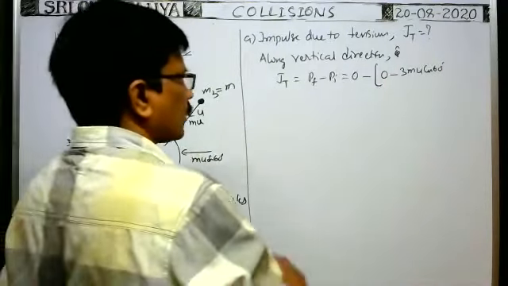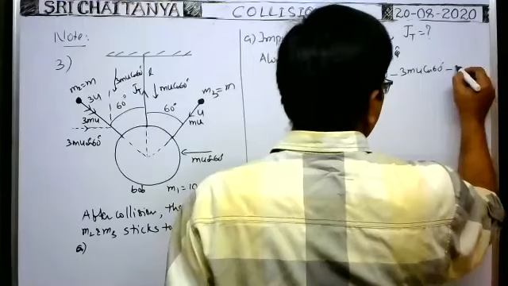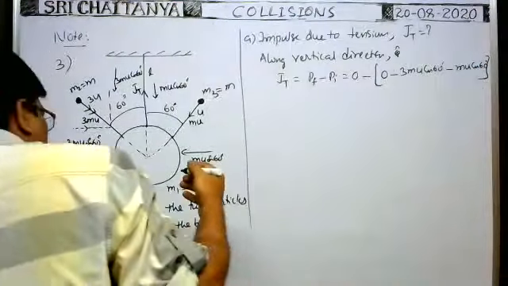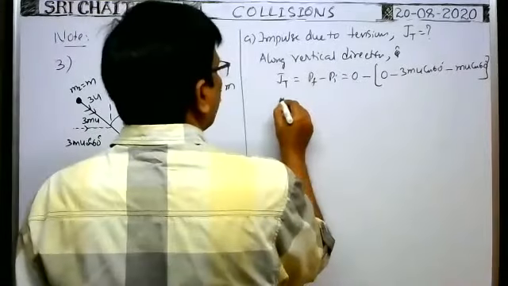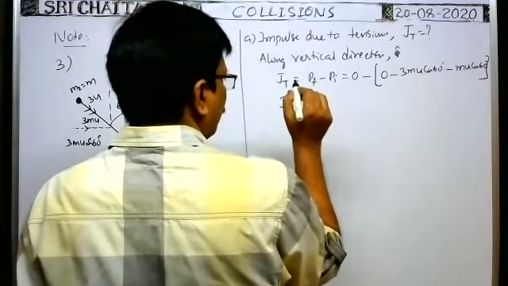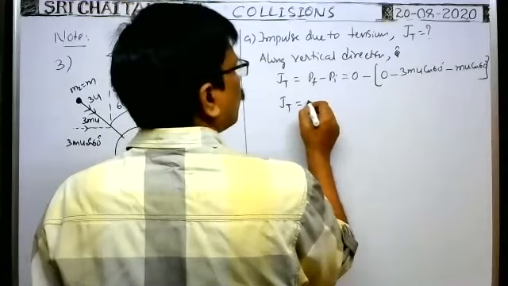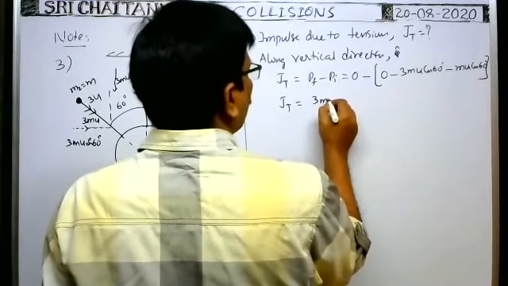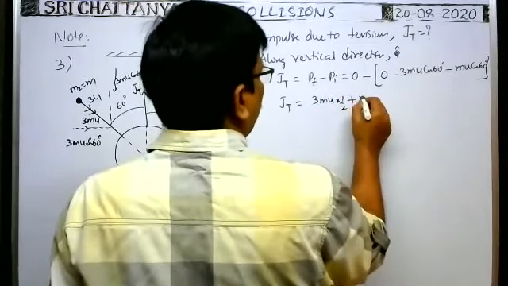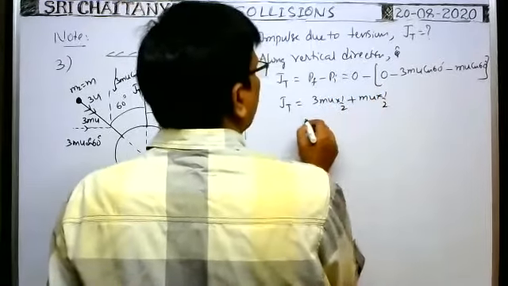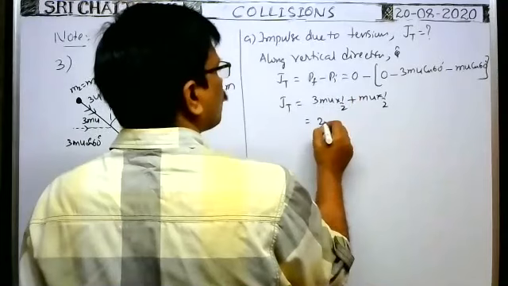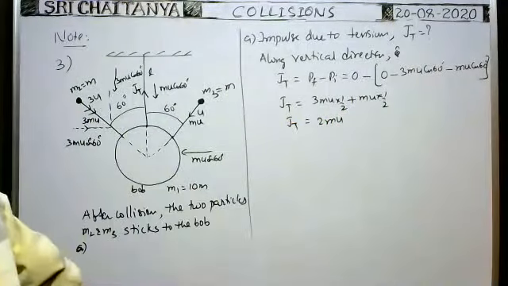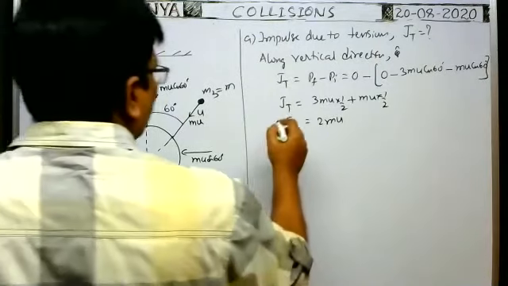That's why it is also minus. So minus mu cos 60. Therefore, impulse due to tension received by the sphere system is equal to minus, minus, it becomes plus. So 3mu cos 60 means 1/2, plus mu into 1/2. That is equal to 4mu by 2, means 2mu, no? So impulse due to tension received by the system is equal to 2mu. That is one answer.